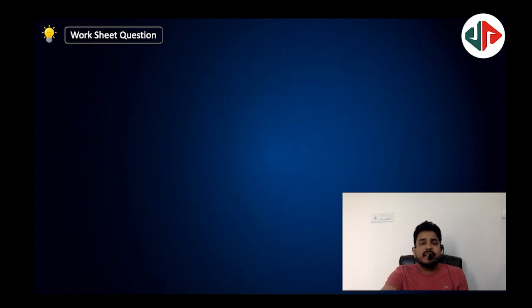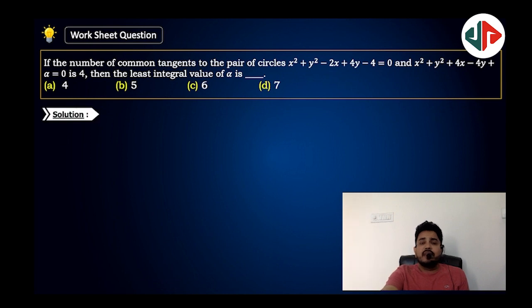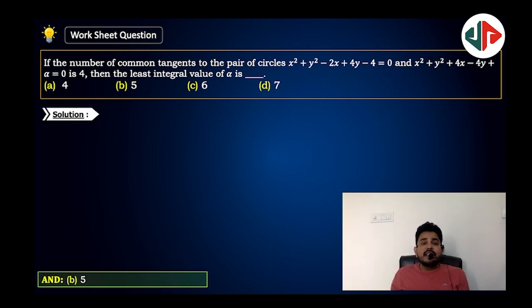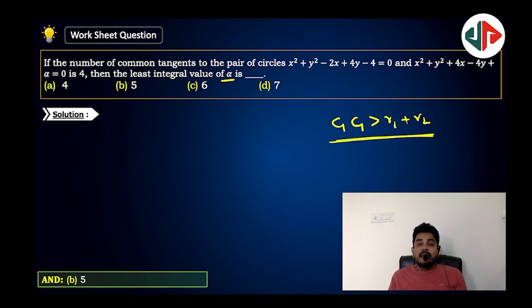Next question is number of common tangents. The least integral value of alpha is 4. So what they are clearly saying is C1C2 is greater than R1 plus R2, for 4 direct common tangents. Center is 1 comma minus 2, radius is equal to 1.